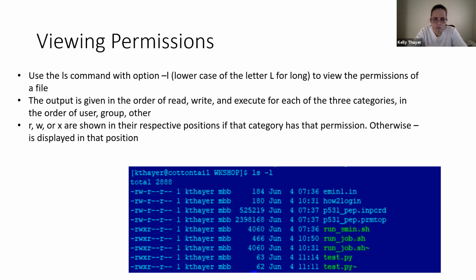Well, we see this one down here is actually a script, run emin.sh. It's a bash script, and that one has executable permissions. Now, other members of my group can read these files. Actually, I'm sharing all my files with my group, and yes, this is group. And then other people on the cluster have read permission.